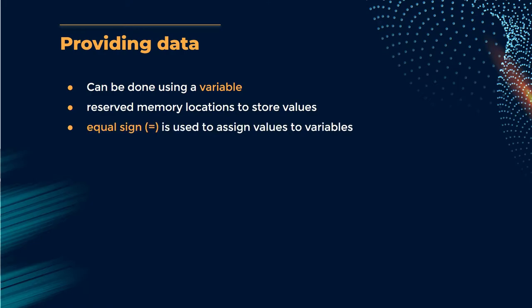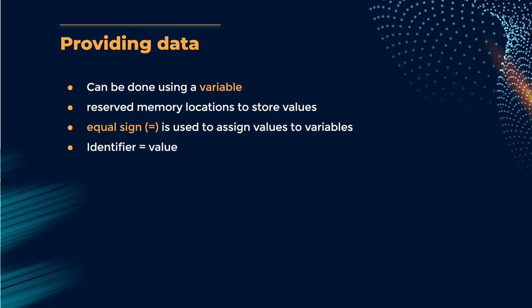So basically, to create a variable we need to use the equal sign. The equal sign is used to assign a value to a variable. A variable is identified using an identifier, a name. As in real life, if we store some oats in a box, we will name it as oats ka dabba, oats ka container. We will identify it.